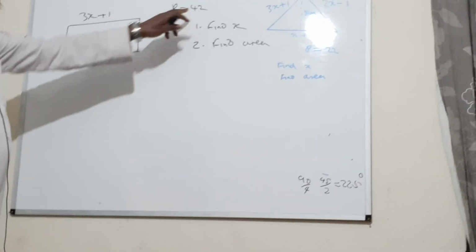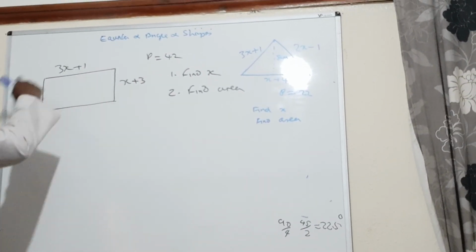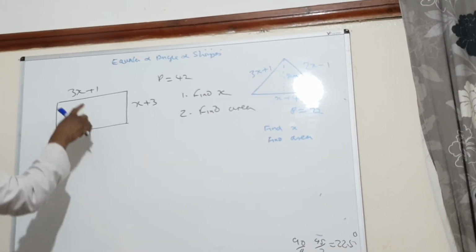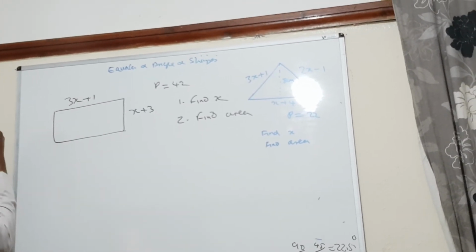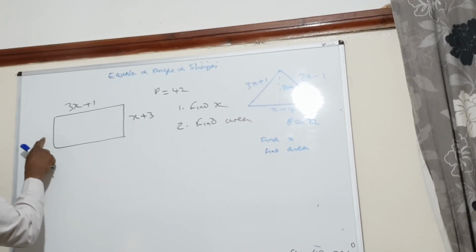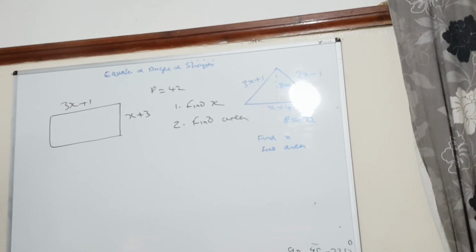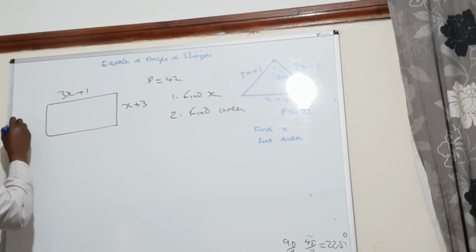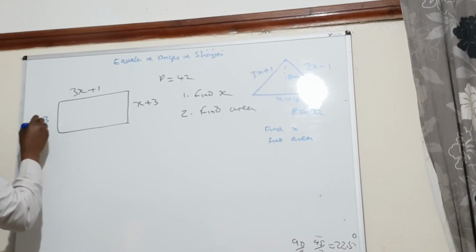The perimeter is 42. That means all the way around this is equal to 42. We said for a rectangle, the opposite sides are equal. So if this is x plus 3, that must be x plus 3.